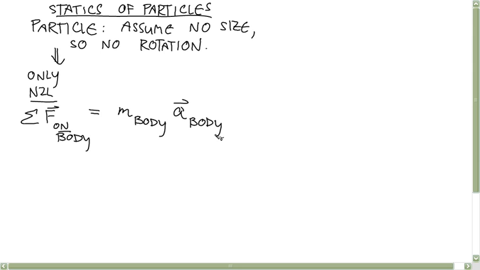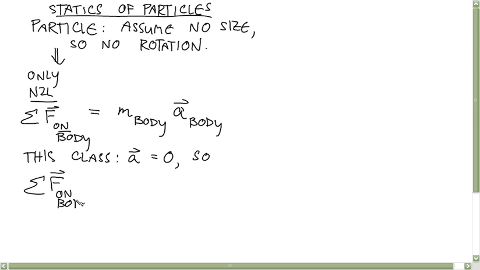And in this class, that acceleration is going to be equal to 0. So this equation just comes out to the sum of the forces, their vectors, on the body is equal to 0. And this is the equation that we're going to use over and over again for statics of particles.